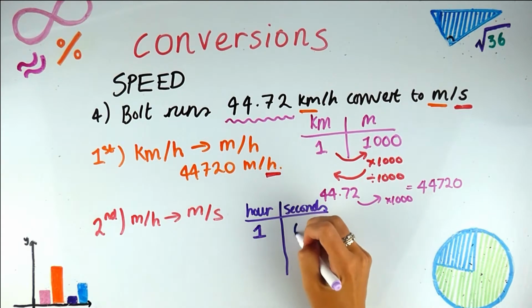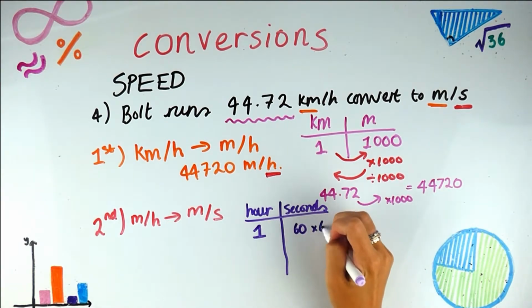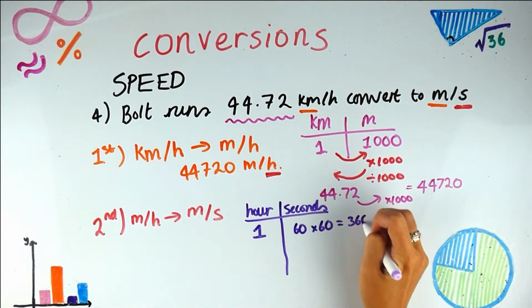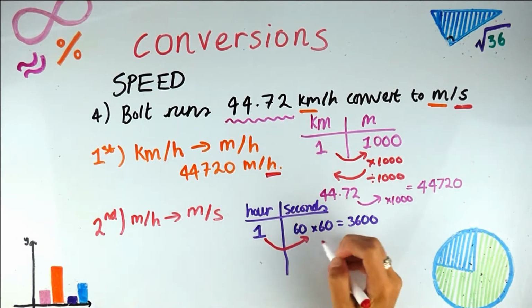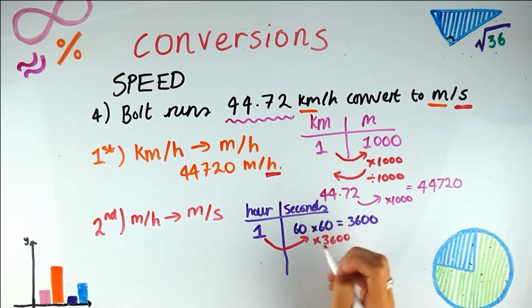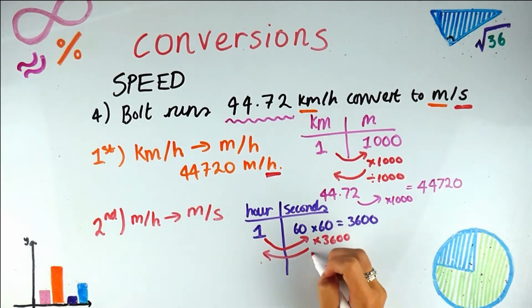So there's 60 seconds in a minute, and then there's 60 minutes in an hour. So there we go. So there are 3,600 seconds in an hour. So to get from here to here, I'd multiply by 3,600. And if I go back that way, I want to divide by 3,600.